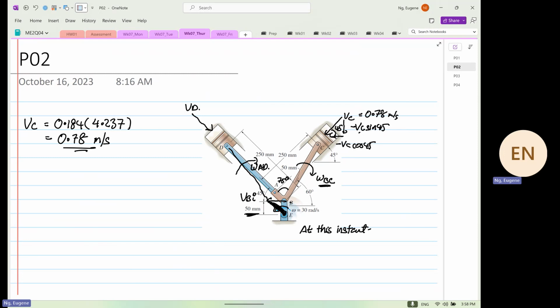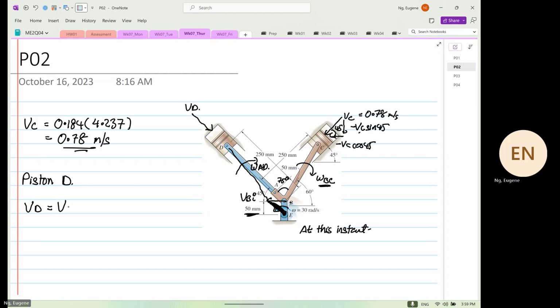So now we are going to focus on piston D. We know that VD will be equal to what?